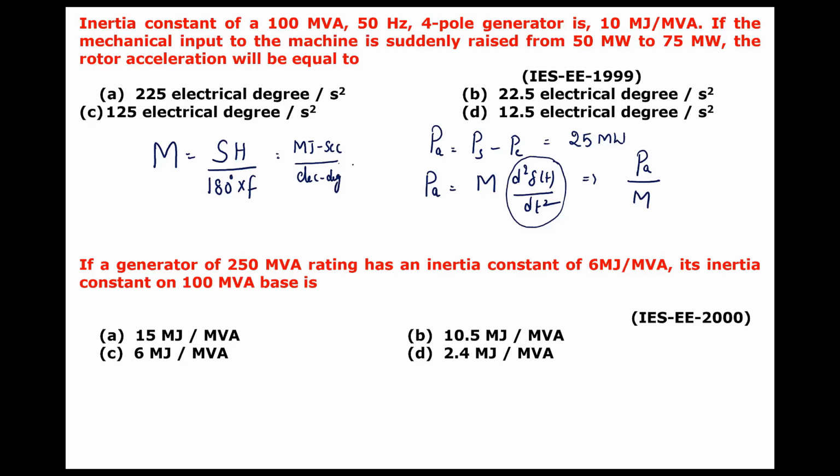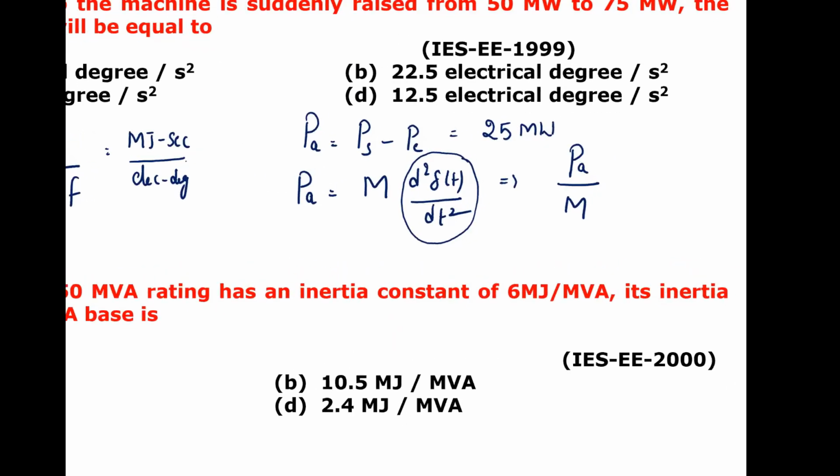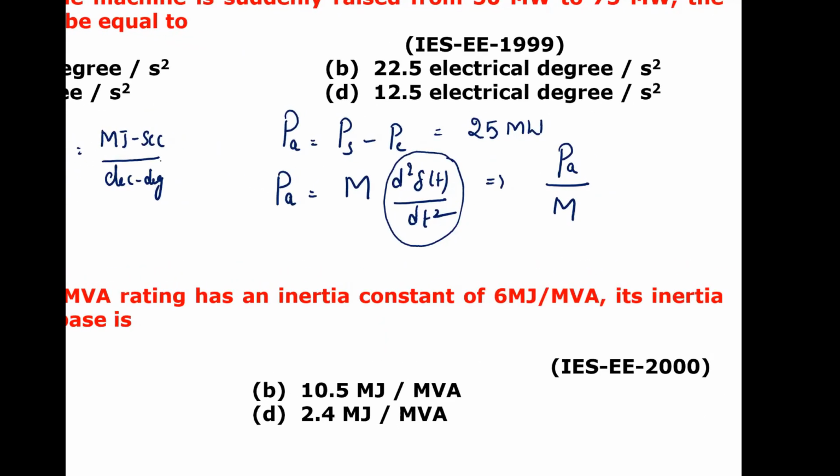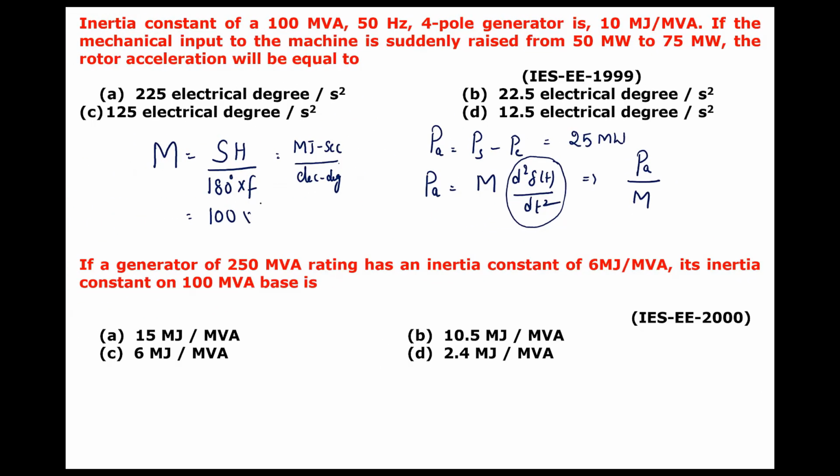So now if I substitute these values, S value is how much? It is 100 MVA machine. H value is given as 10 megajoules per MVA. So 10 divided by 180 into 50. This is my M value.